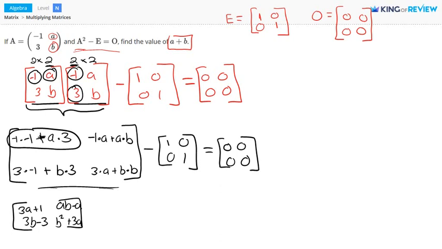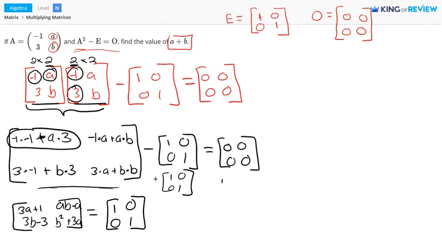And this is going to be equal to 1, 0, 0, 1. All we did here was add this identity matrix to both sides. And that gives us this on the right-hand side.